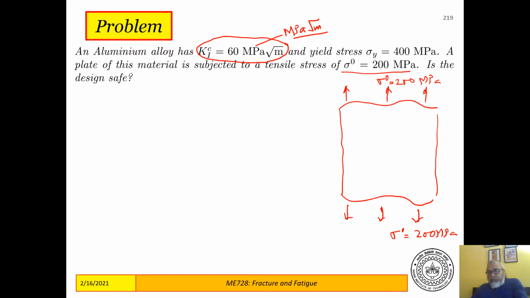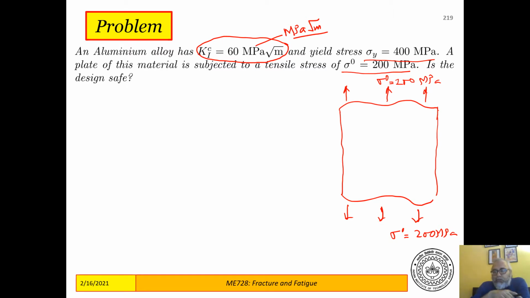Now, obviously, this is safe from yield point of view because the stress everywhere is going to be 200 MPa and the yield stress is 400 MPa, so this is obviously safe. Now, is this safe from a fracture point of view as well?